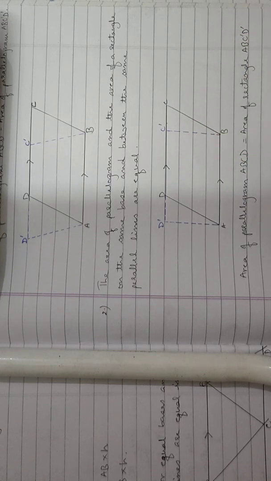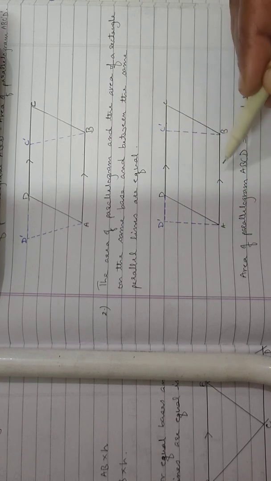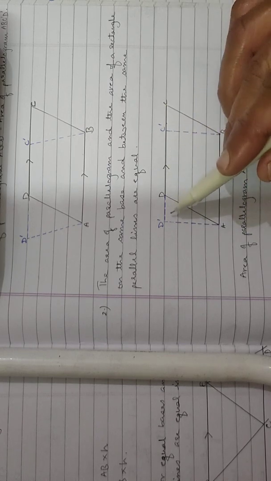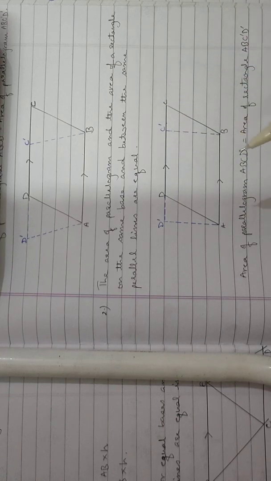The same is with the rectangle. The rectangle AB, C dash and D dash is also lying between the same parallel lines AB and CD. So this proves by the theorem that the area of the parallelogram ABCD will be equal to the area of the rectangle which is on the same base and between the same parallel lines, AB, C dash and D dash.